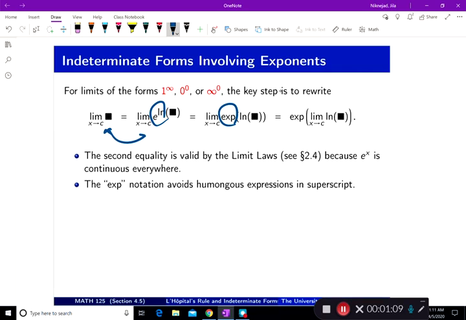All of these equalities are allowed by the limit laws, because of the continuity of exponentials, and so on and so forth.